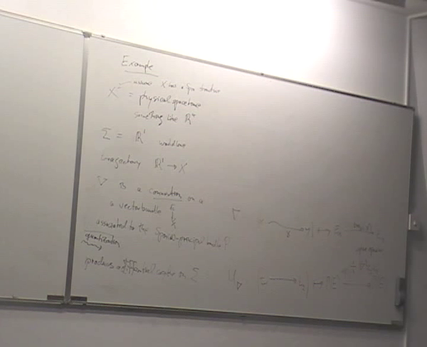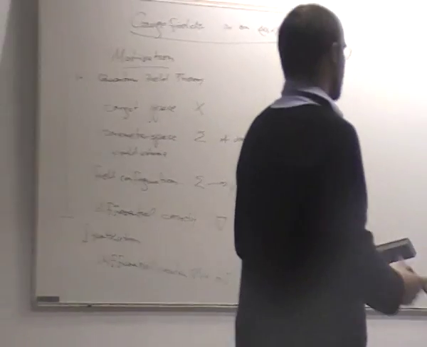So as we increase the dimension of sigma, dim equals n, these extra conditions that we need on the topology in X, they increase.